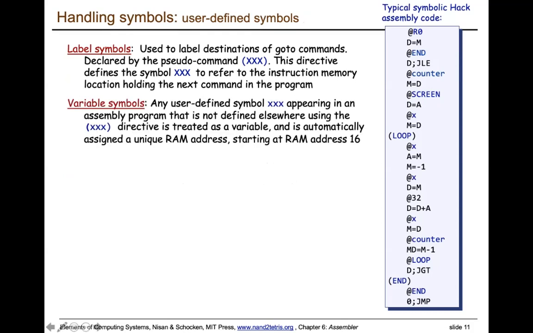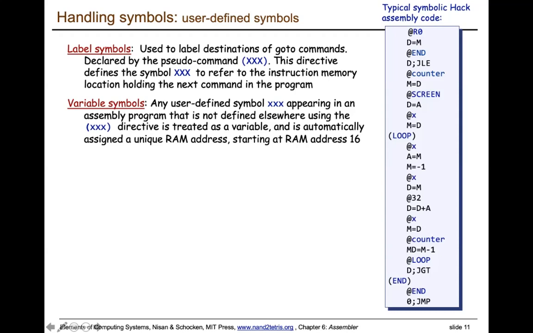The label symbols, for example loop, are used for control, so we call it the label symbol. This is usually uppercase in the Hack machine. The variable symbols look like X and counter.